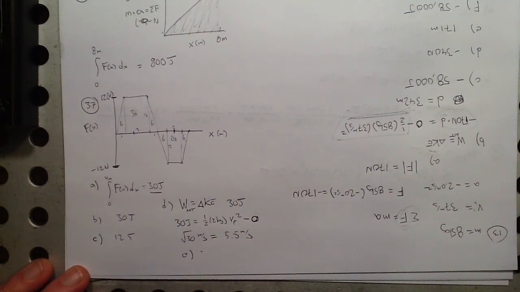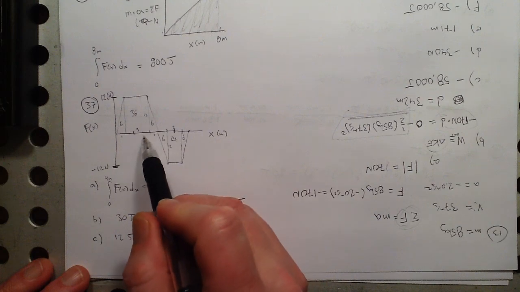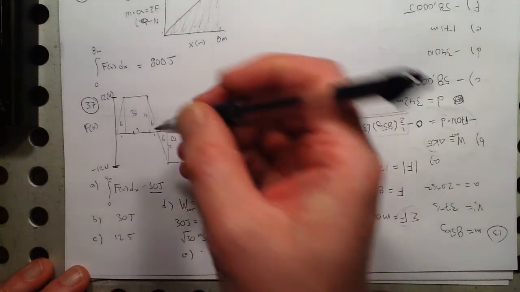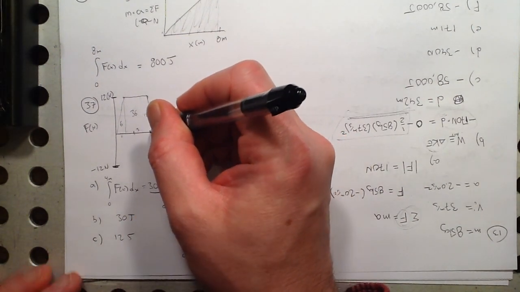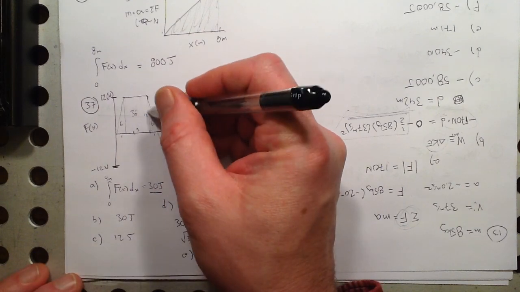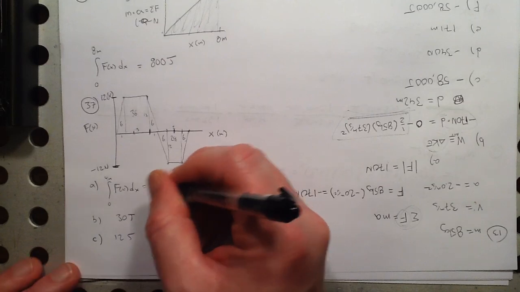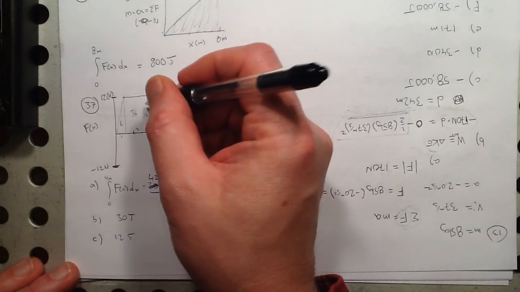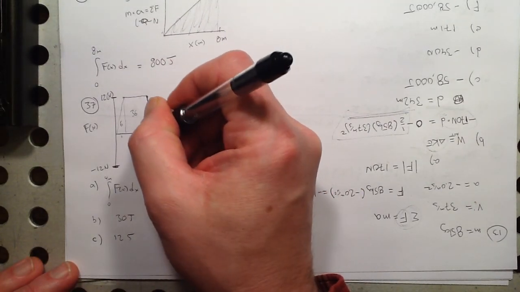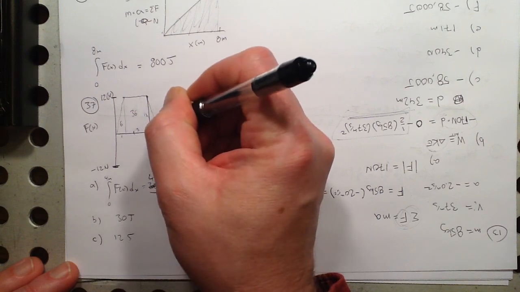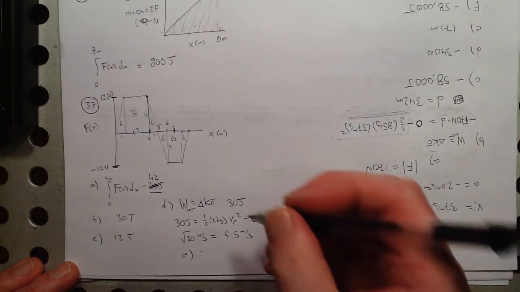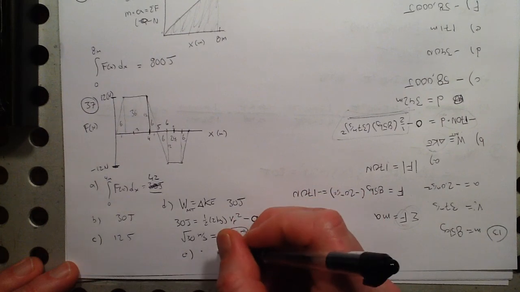Maybe I made a mistake based on my fairly substandard graph. They wanted 0 to 4. Oh, I missed that was 4 there. I saw that 3 and thought that was 3. So sorry, this should be 42. That's where 4 was. This was 5, this was 6. So that's going to change. This is the right answer for E.